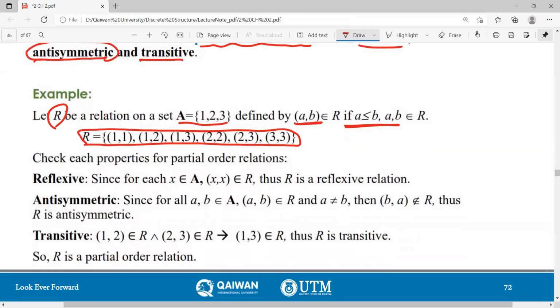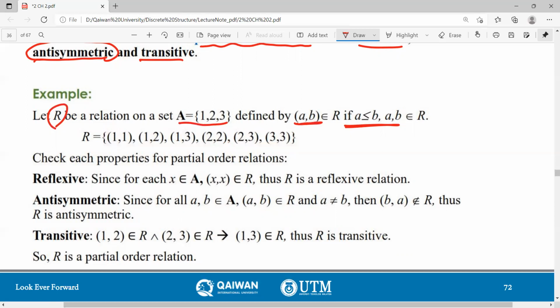We must check reflexivity, anti-symmetry, and transitivity. For reflexive, we have only 3 elements in the set, so we must have 1,1, 2,2, and 3,3 in the relation. Do you have it? Look, 1,1, 2,2, and 3,3. That means it is reflexive.